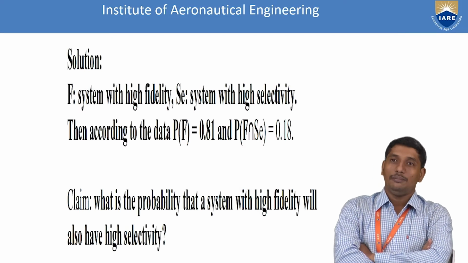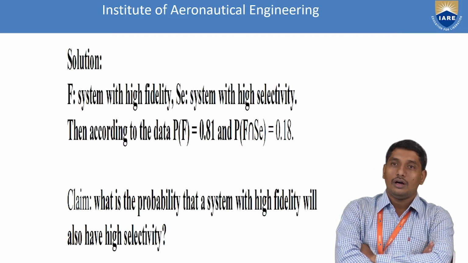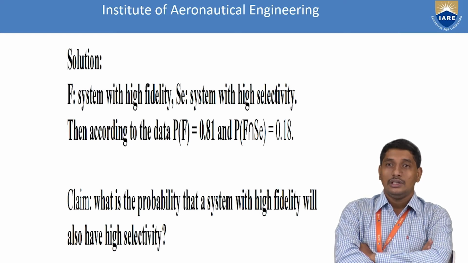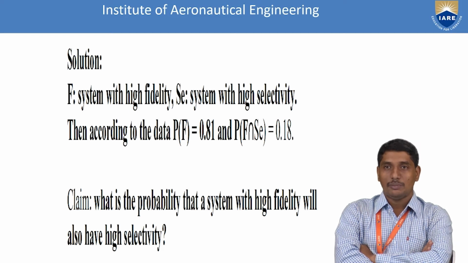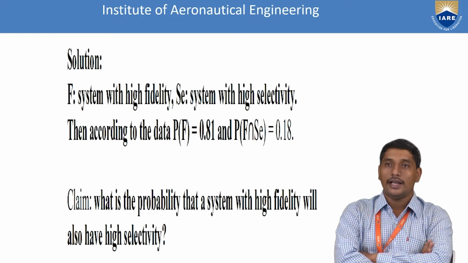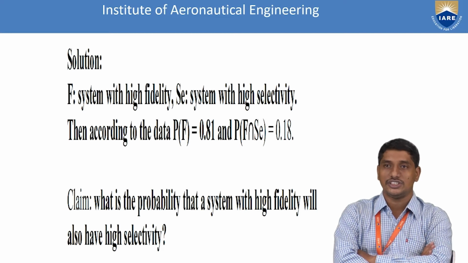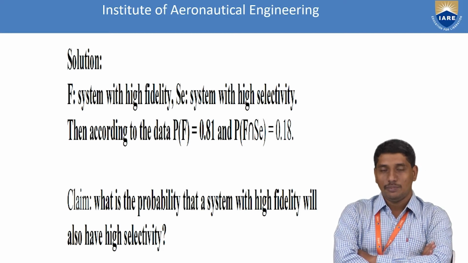If we name the fidelity as F and selectivity as SE, then P of F will be 81%, that is 0.81, and a system with both high selectivity and fidelity is F intersection SE, that is 18%.